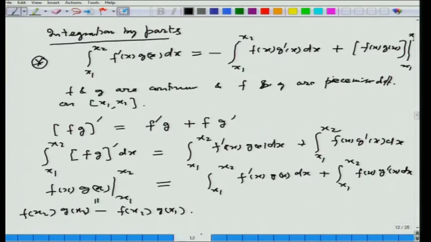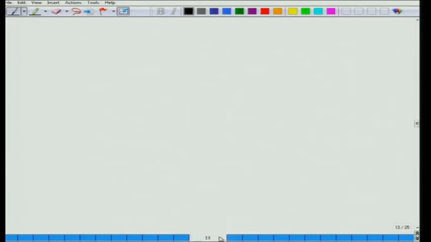Next we have Euler's theorem on homogeneous functions.